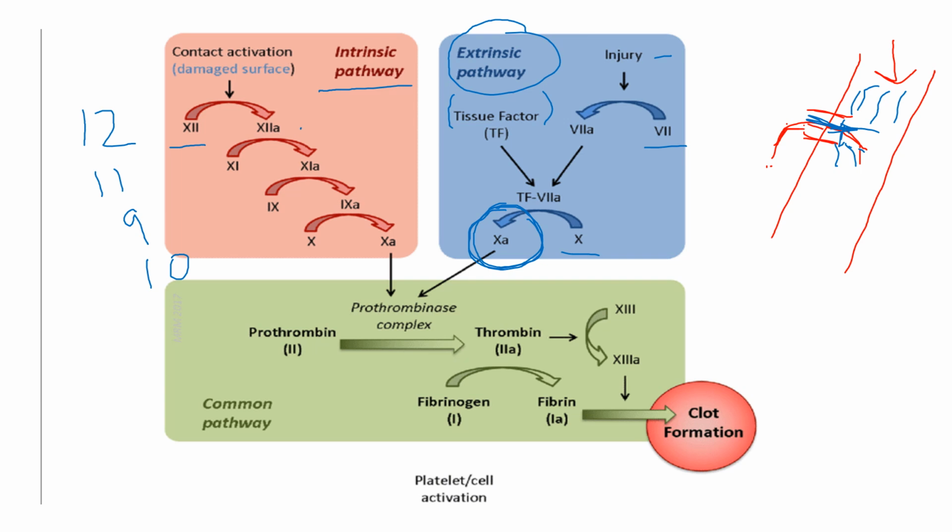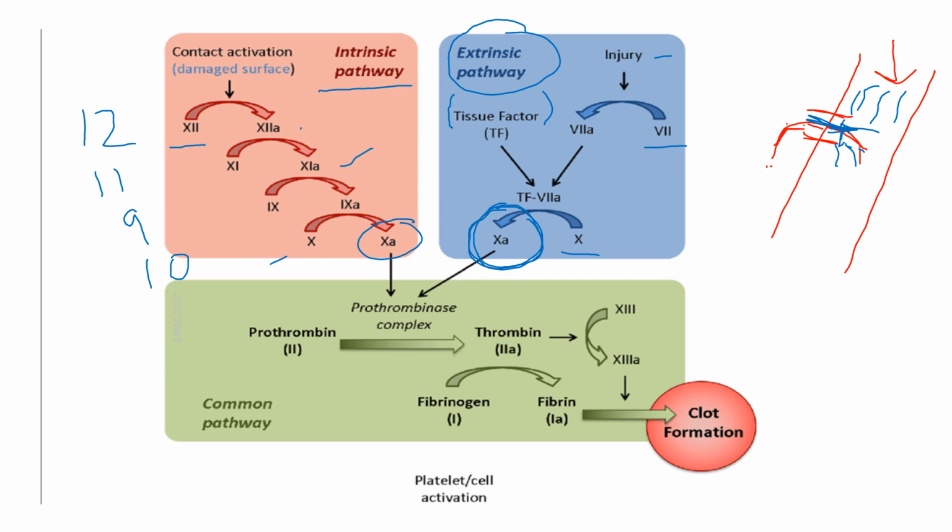So the point here is factor 12 gets converted into 12A, then 11 into 11A, then 9 into 9A, and then 10 gets converted into 10A.